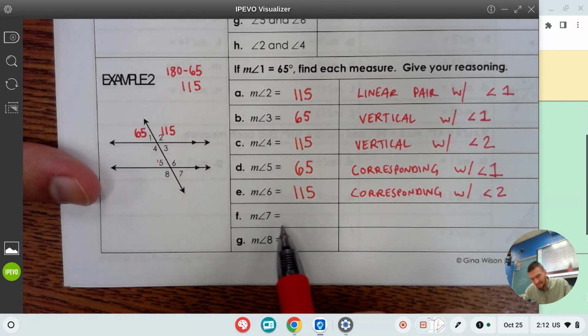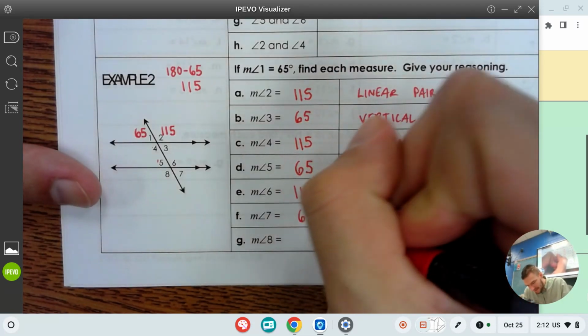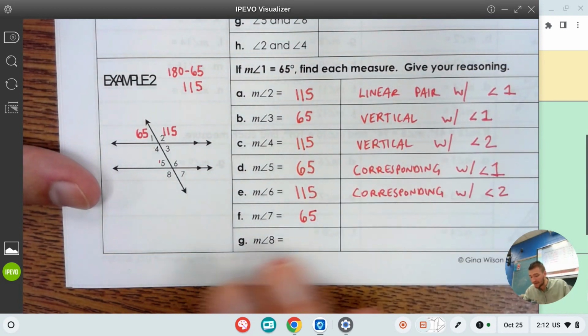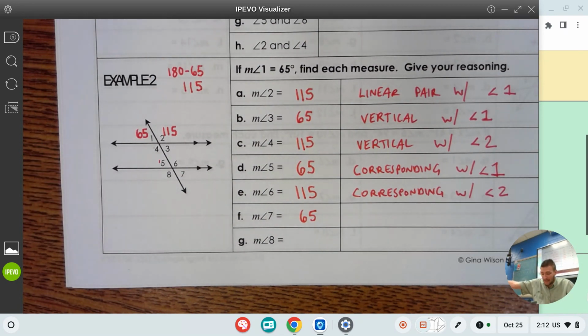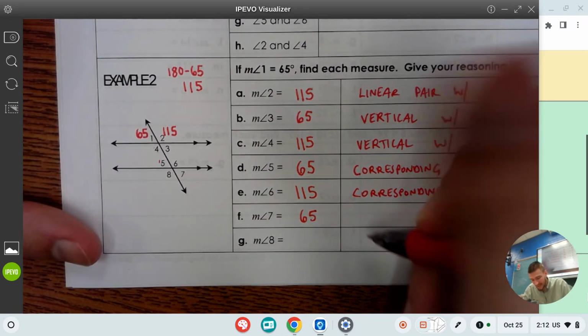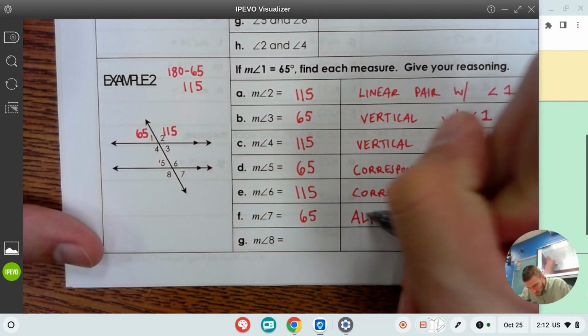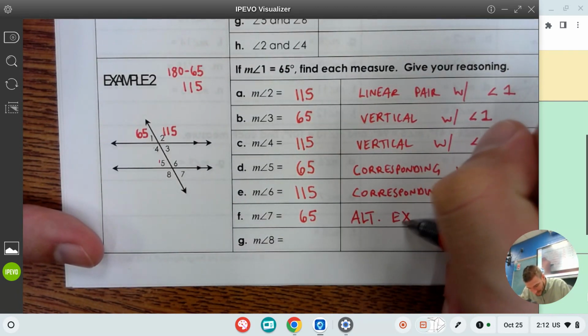What do you think 7's angle is? 65. Can somebody give me, not corresponding, a reason why? Okay, so Zay had a good idea. He said because it's vertical with 5. You could do that. And I also liked what I heard from Monte over here. We could say that this was alternate exterior.